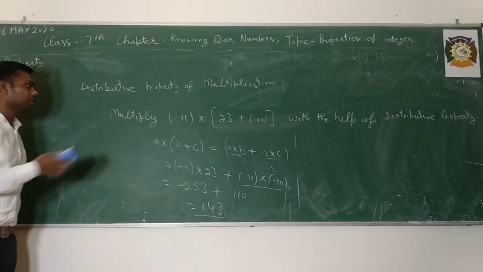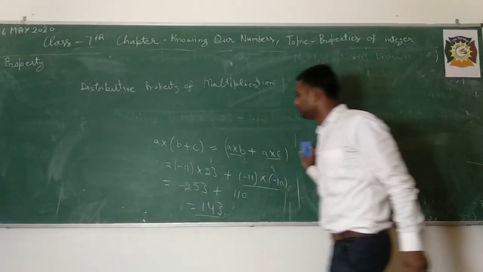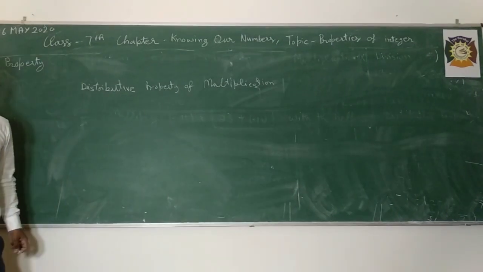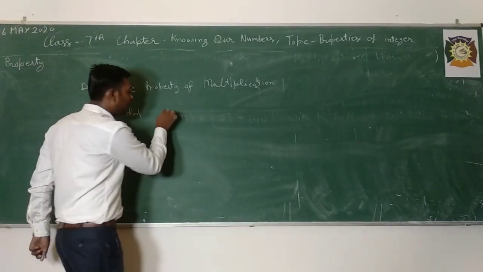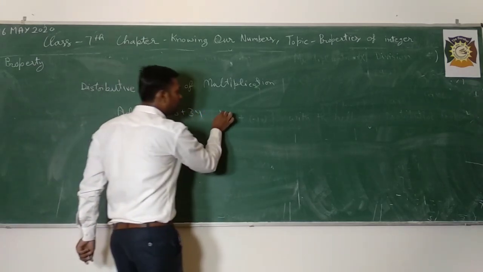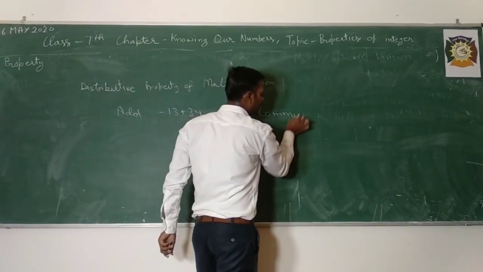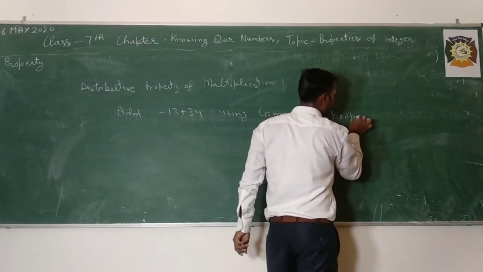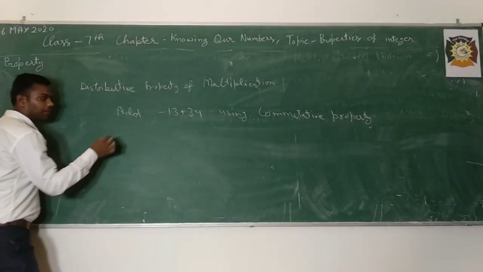And the last question is from the additive property. Add minus 13 plus 34 using commutative property. What's the commutative property?